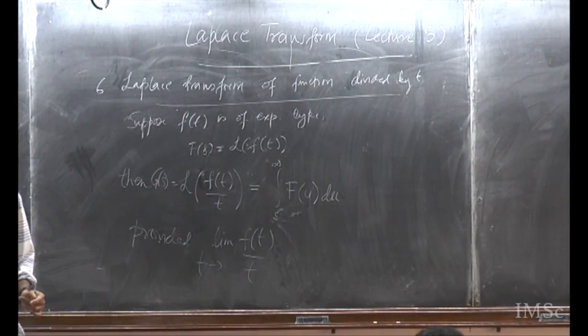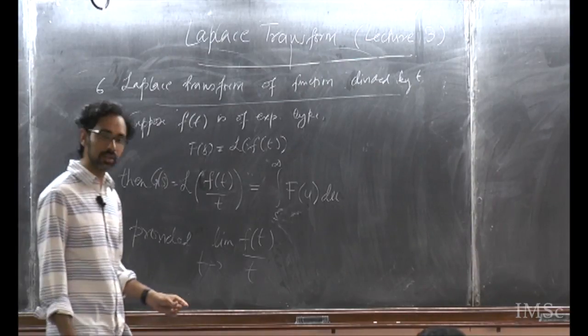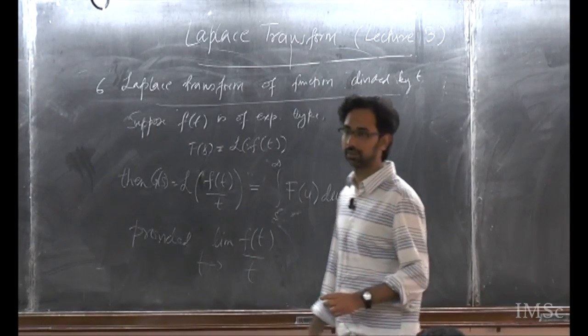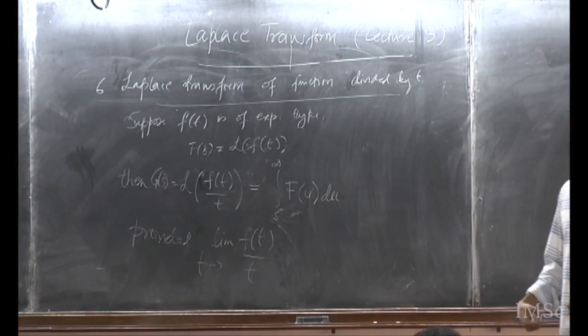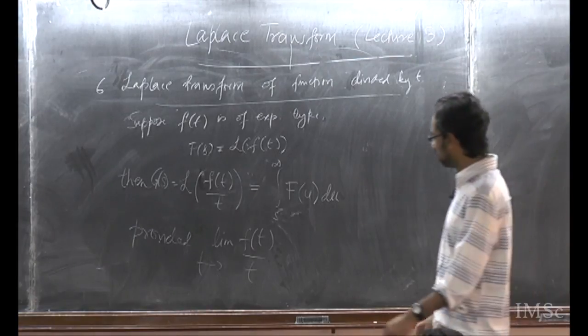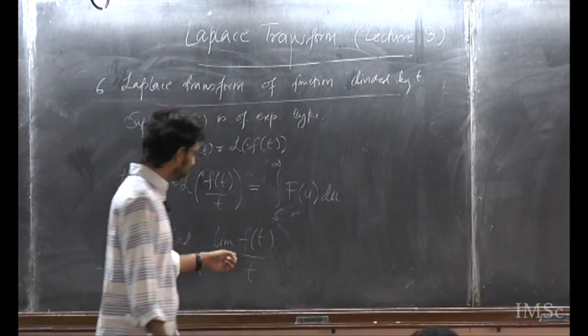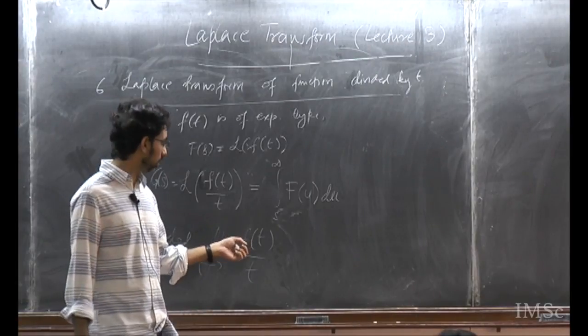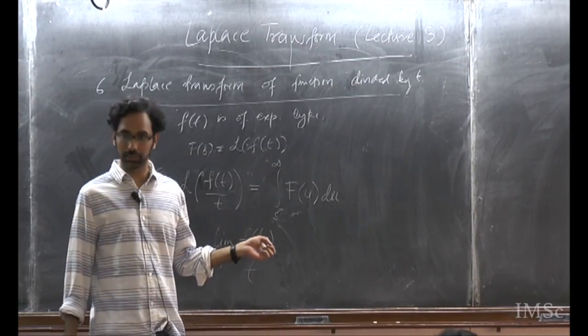Should be 0, right? Why? Yeah, so f of t may not be bounded, but it is of exponential type, right?